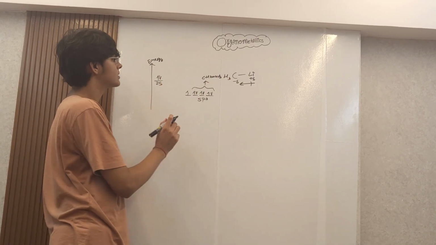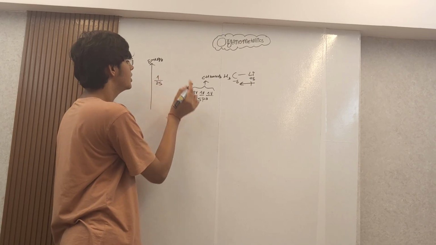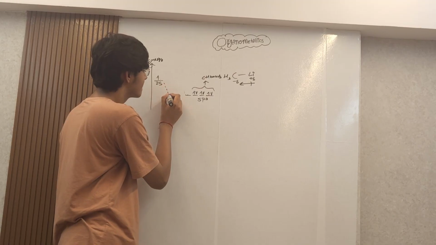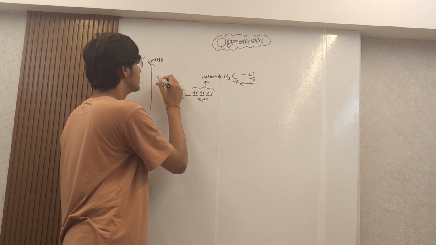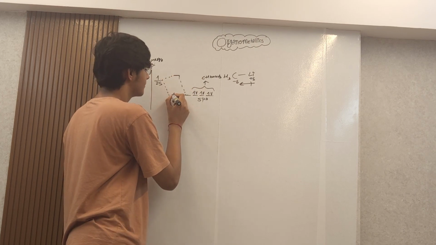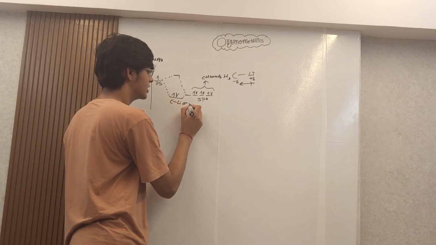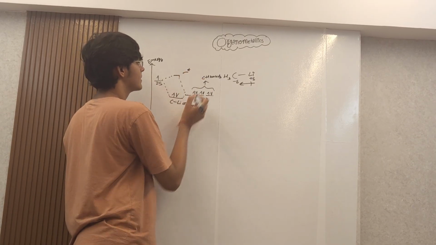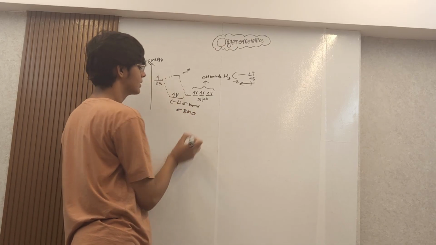Now what will happen is this electron and this electron would combine to form the C-Li bond, sigma bond. This is the sigma star and this is the sigma bonding MO, okay?